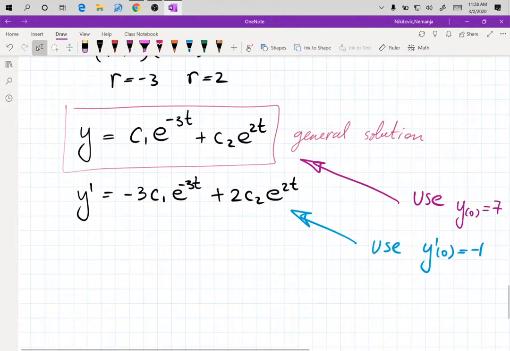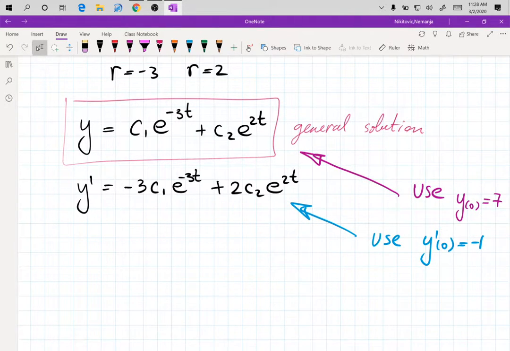Yes. Once you plug these values in, you will have a system of two equations to solve, and you will be able to compute the values for C1 and C2. And again, your method of solution, whatever you like.